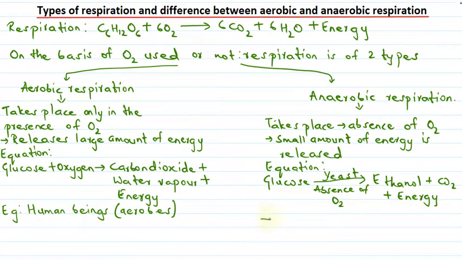An example of organisms that perform anaerobic respiration is yeast, and these organisms are called anaerobes. In the absence of oxygen, yeast partially breaks glucose molecules to form ethanol, carbon dioxide and a small amount of energy.